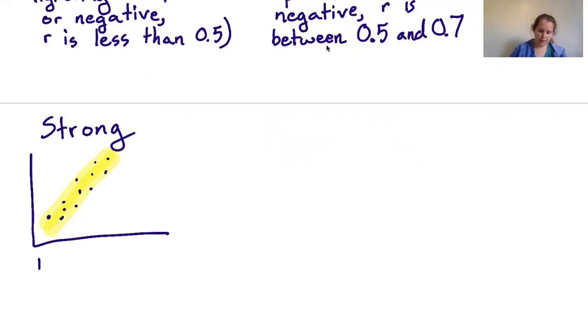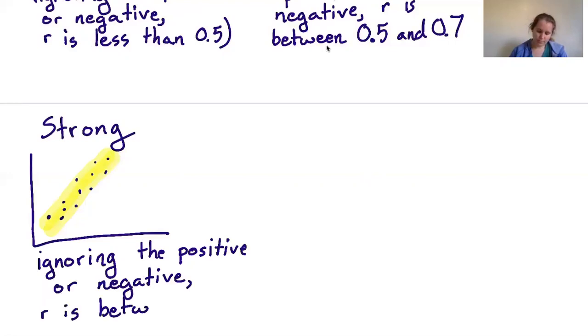And again, ignoring the positive or negative, R is between 0.7 and 1. So if we had a whole series of correlation coefficients and we wanted to order them from weak to strong.